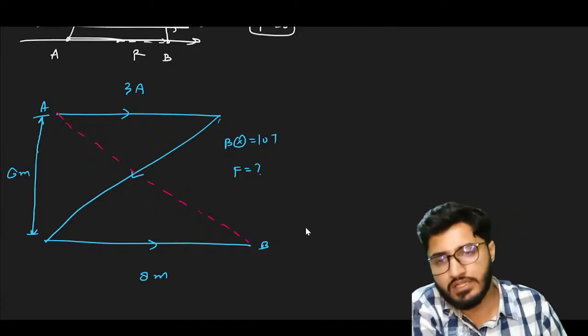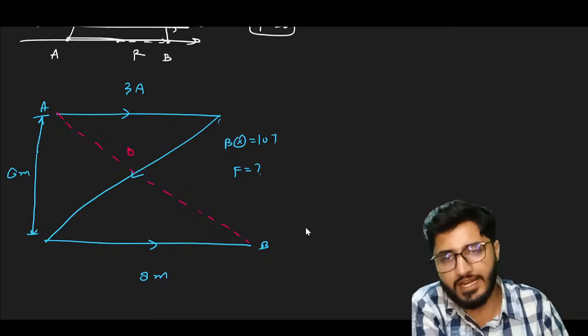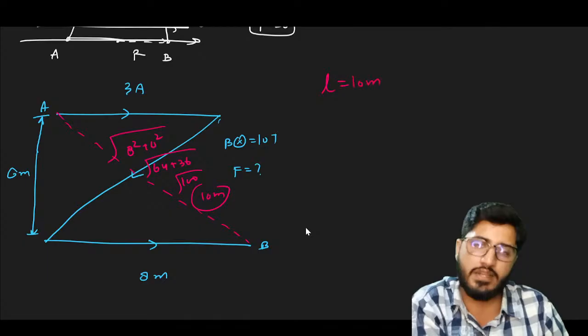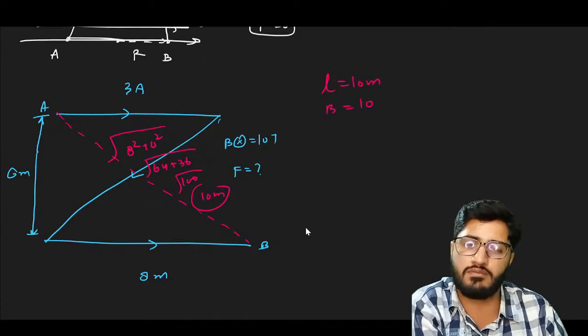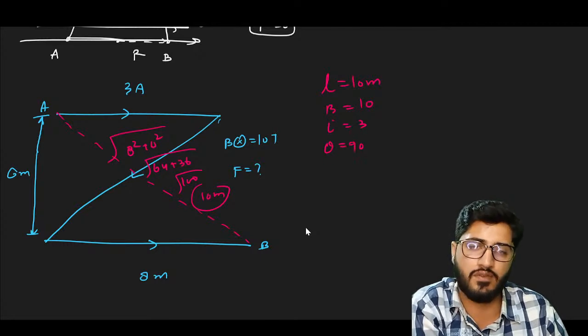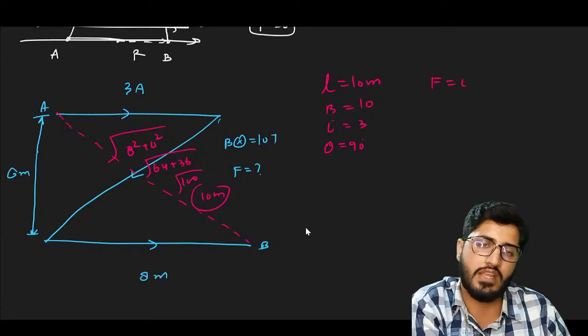This one is 8, this one is 6, so it is the square root of 8 squared plus 6 squared, which is 64 plus 36, root 100, that is 10 meter. So displacement came out to be 10 meter. B is 10, current is 3, and theta is 90 degrees. So F is I L B sin 90.